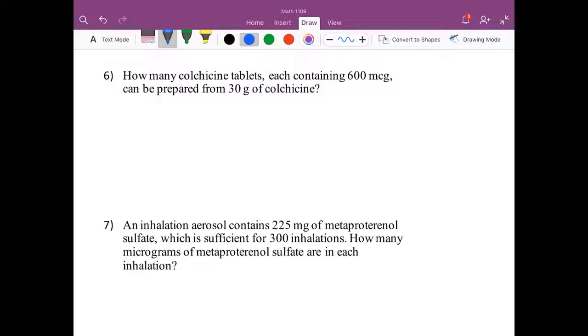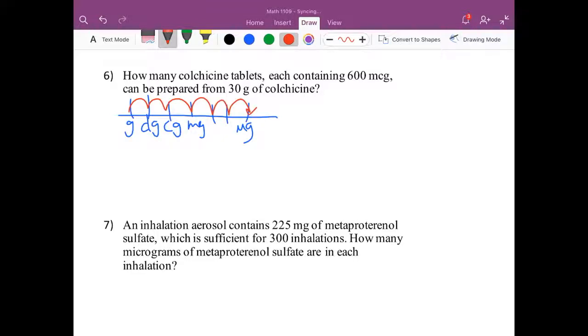So I'm going to take my 30 grams and put it into micrograms. Again, I have grams, decigrams, centigrams, milligrams, micrograms. So I'm going to jump 1, 2, 3, 4, 5, 6 times to get to micrograms.